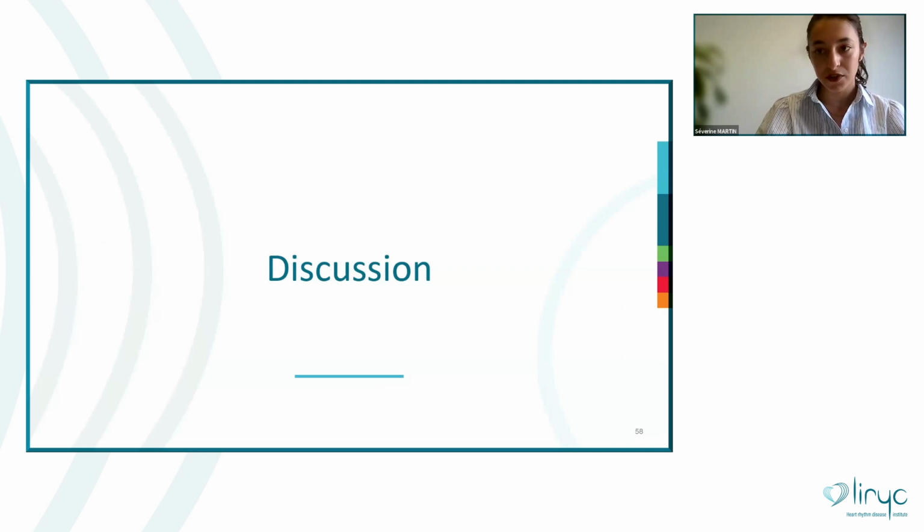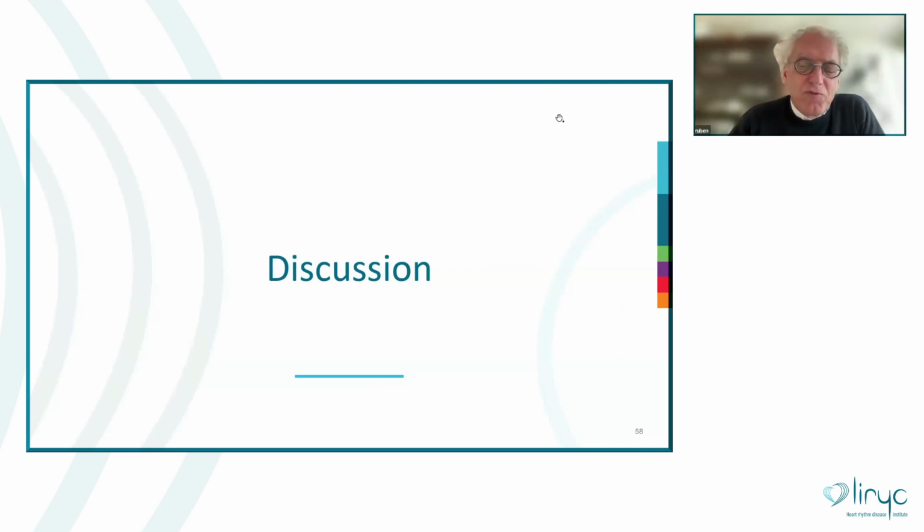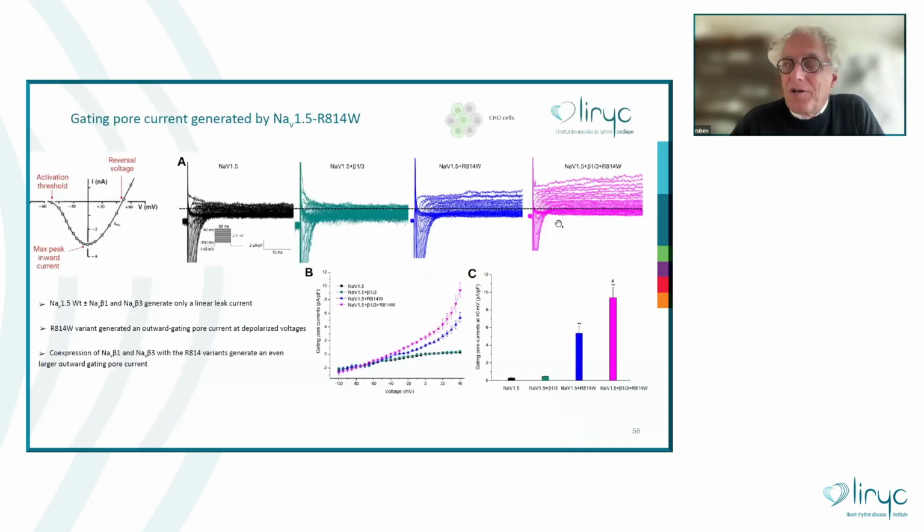So for discussion... Would you mind explaining the gating pore current a bit more? Because I think in that linear part of the IV curve, what you essentially see is the reversal potential, of course, but then there's no current at all.